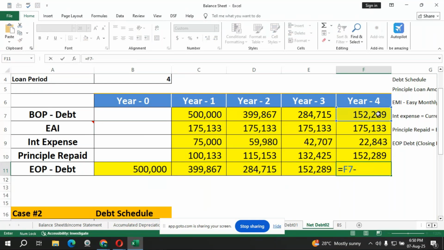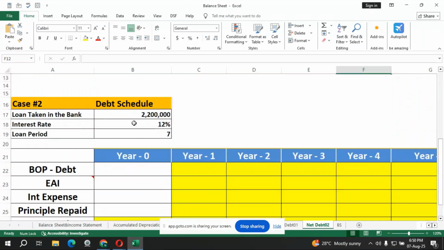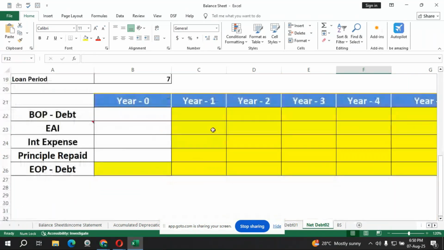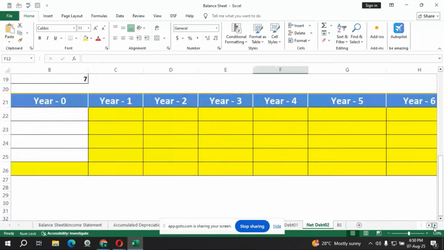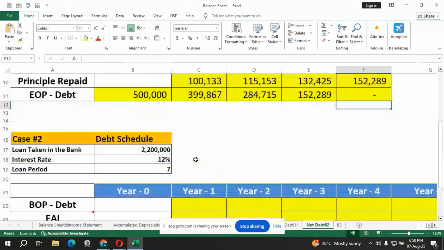By the year end, it will be cleared, 0. So I've taught you the mechanism now. First, you're going to complete this entire table. Then in the same way for this one: the loan amount is 22 lakhs, interest rate is 12%, loan period is 7 years. How you have done the first one, the second one also, you can do the same thing. So come on, start. Take your time and finish off this table.